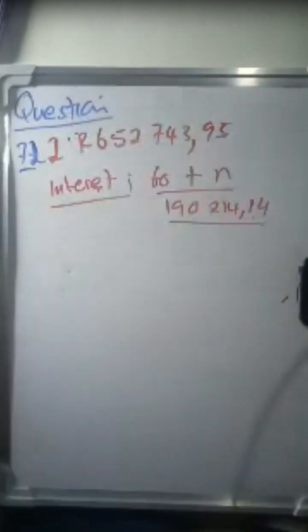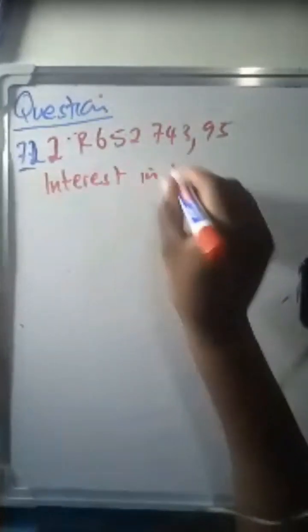So it's possible for us to calculate the interest that was earned in the first 60 months, in the first 5 years.